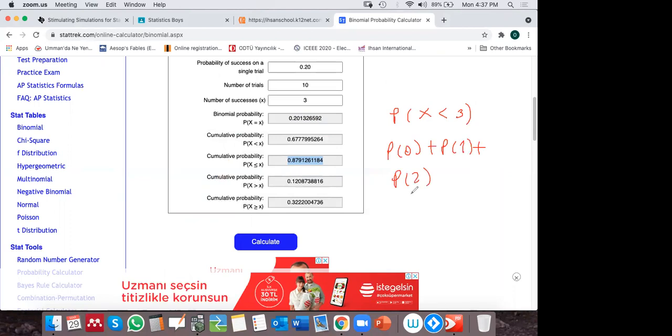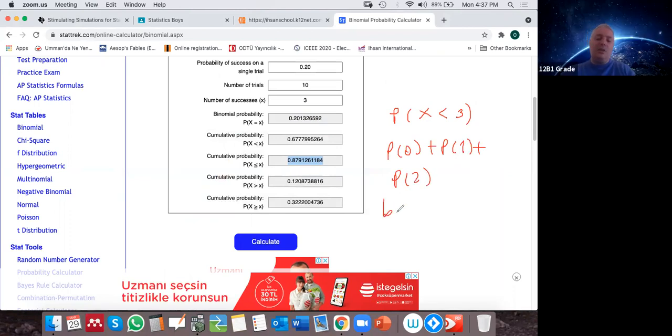That's it. To find this, I can use binom CDF. So what am I going to put here? Not mean, of course, n, comma, the success rate, which is p, we can say, and comma, x. But this x here, be careful, up to here will be calculated.